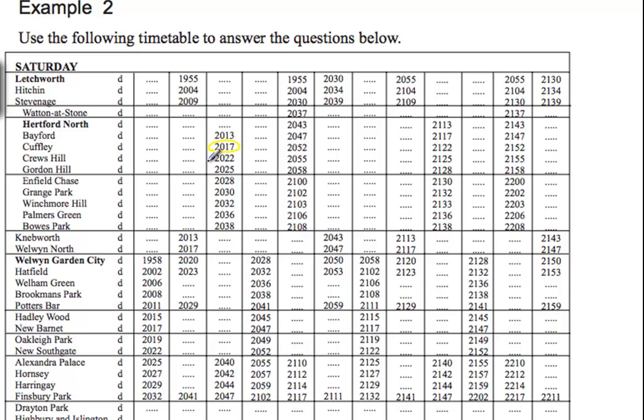Just as an aside, the way these things work is that going down the column is the same train. For instance, this train here that leaves Welwyn Garden City at 1958, 7:58 p.m., goes to this stop, and this stop, and all the way down to Finsbury Park at 2032.